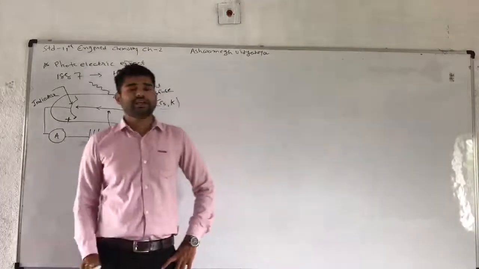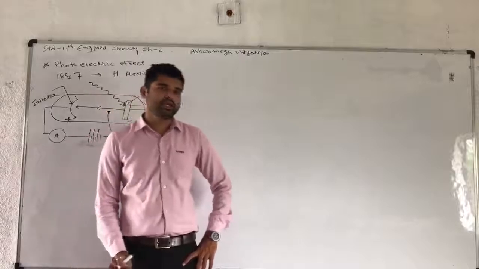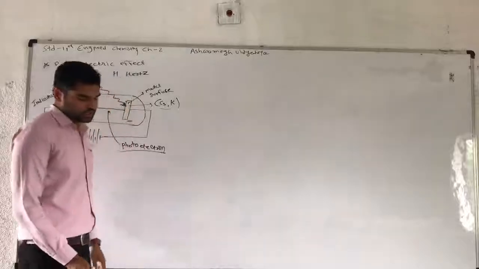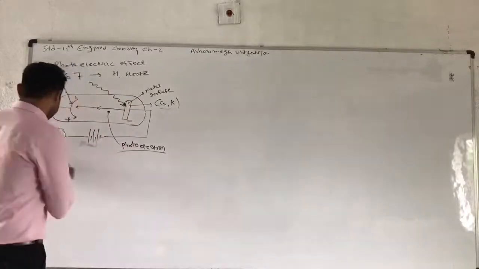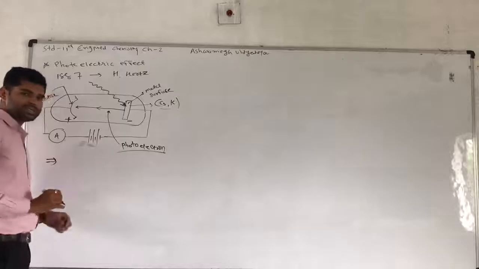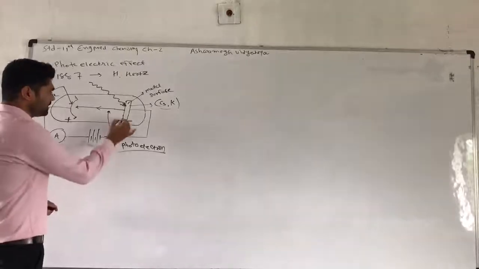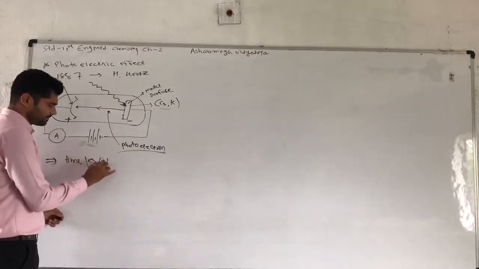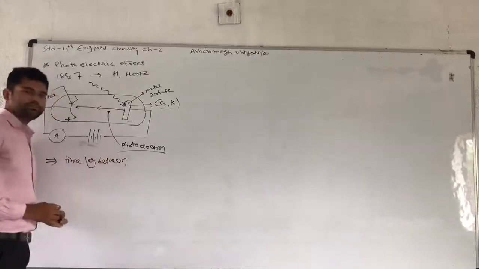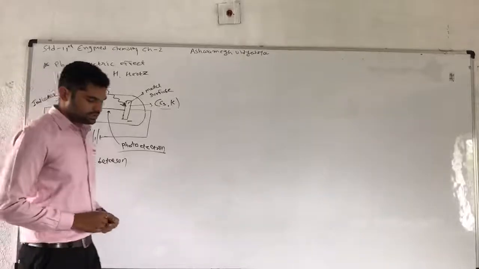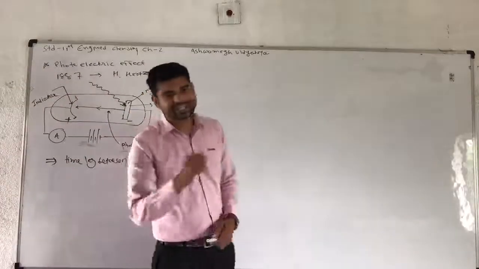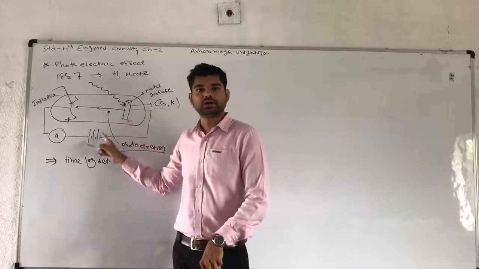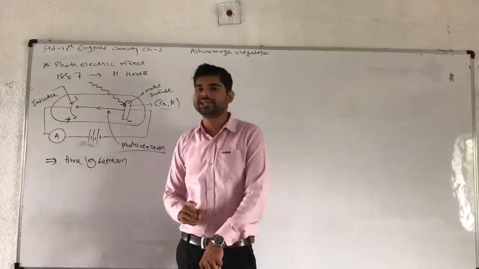Now after the experiment, Hertz made some statements according to this experiment. The first statement of Hertz's experiment is that the time lag between the incident of this ray and the release of photoelectron is minimum.